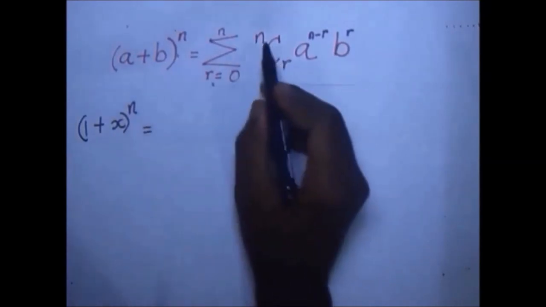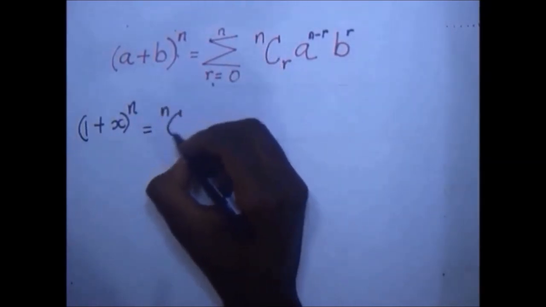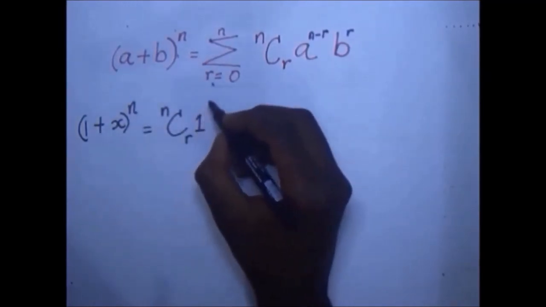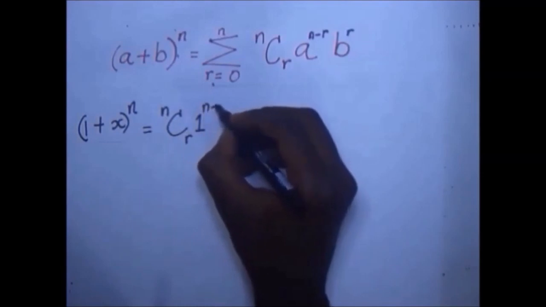So it's going to become n combination r, times a, which is 1, to the power n minus r.